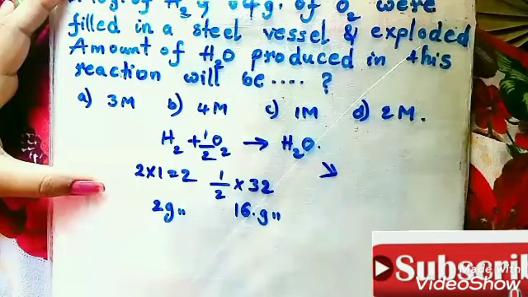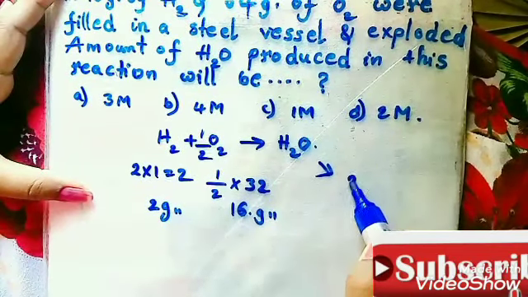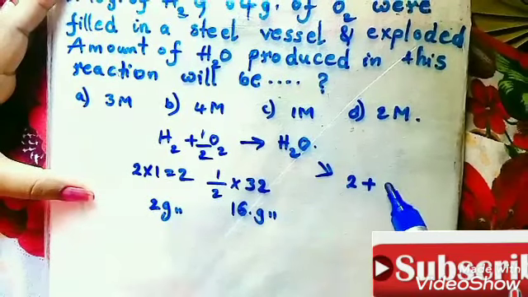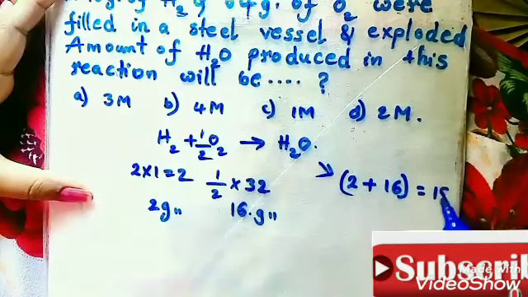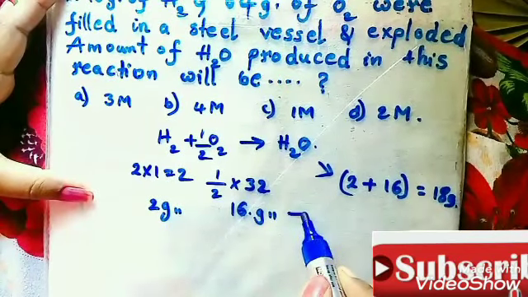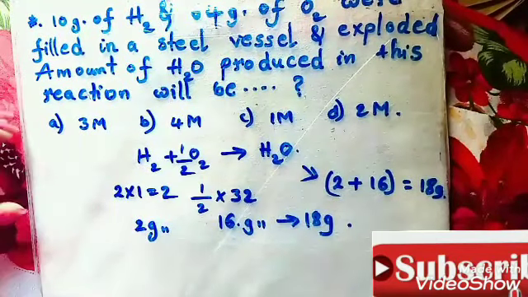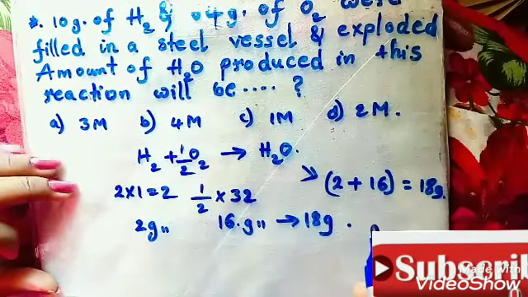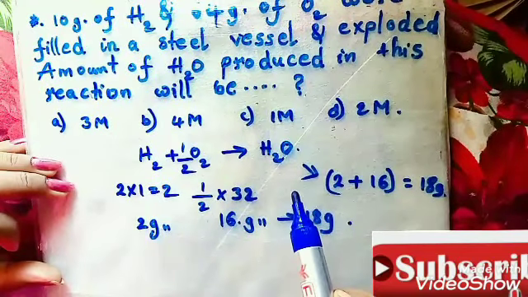For H2O, the molecular mass is 2 plus 16, that is 18 grams. Here we have prepared the balanced chemical equation for H2O formation.